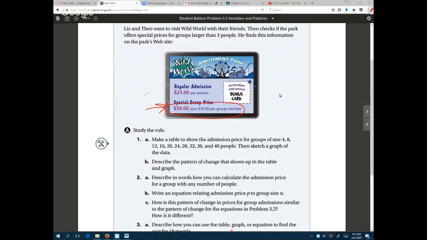It's gonna have to be something times R, number of rides times. There you go. Now that looks a little better, right?